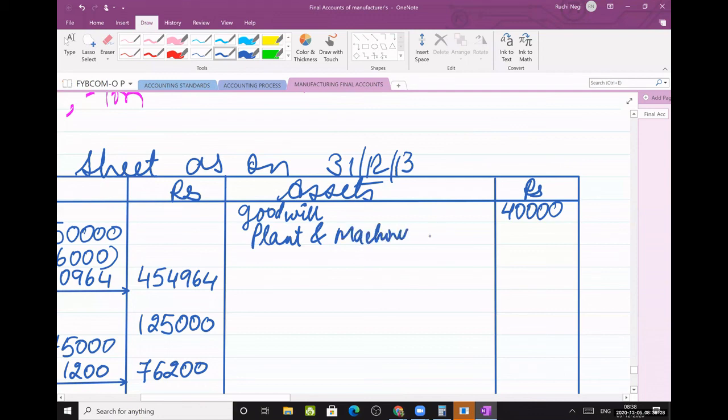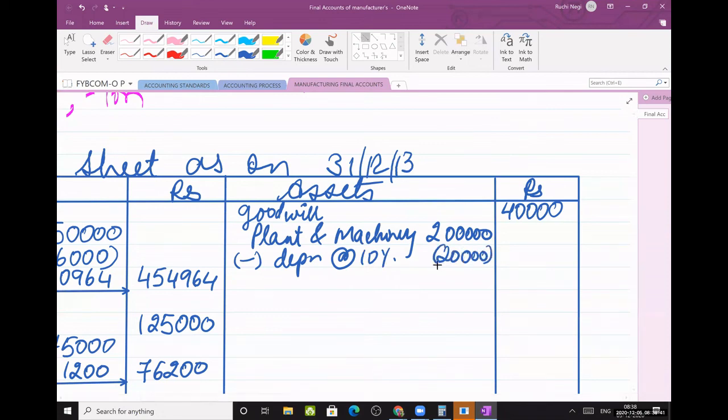Plant and machinery 2 lakhs less depreciation 10%, that is 20,000. Take it in the outer column. 1,80,000. Okay, then trademarks.